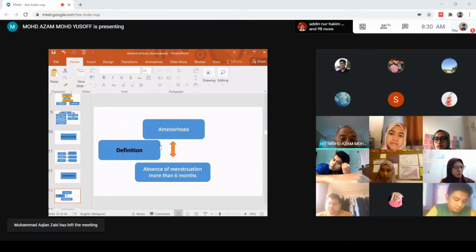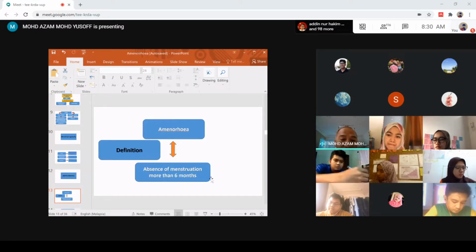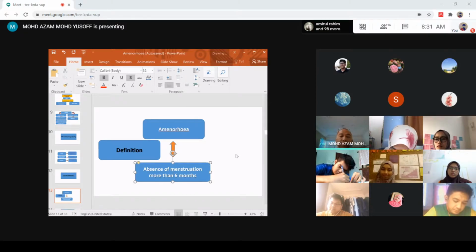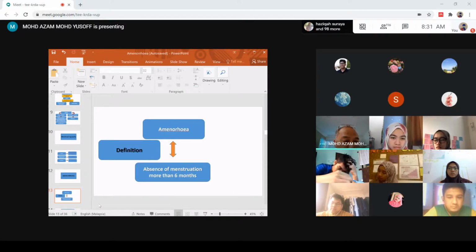So the amenorrhea definition is absence of menstruation for at least 6 months. When they reach 6 months, it is considered amenorrhea.